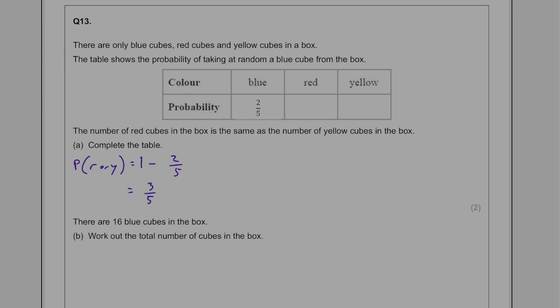So the probability of red, let's say, is going to be half of that. So we'll do 3/5 divided by 2. So that's going to become 3 out of 10. So those will both be 3 out of 10.